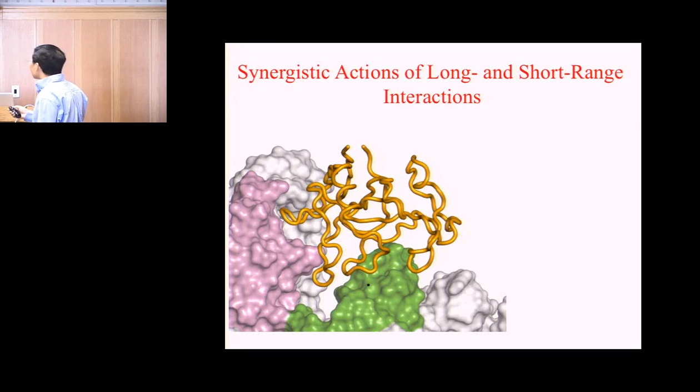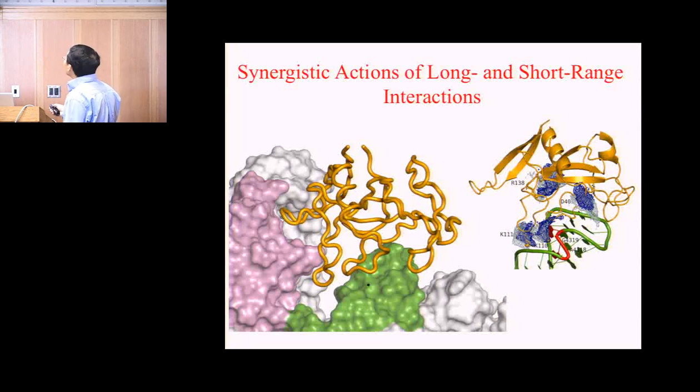And this reorientation of the transient complex positions the positive charges on the ribotoxin very close to the phosphate groups on the ribosomal RNA fragment. So now the electrostatic attraction in the transient complex is further increased compared to the case of the isolated ribosomal RNA fragment.